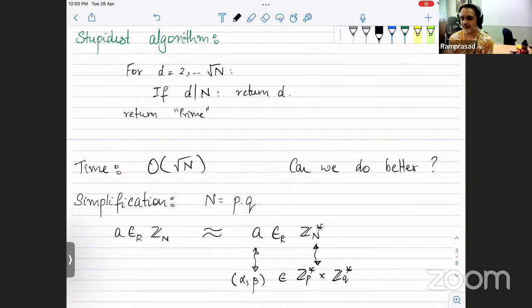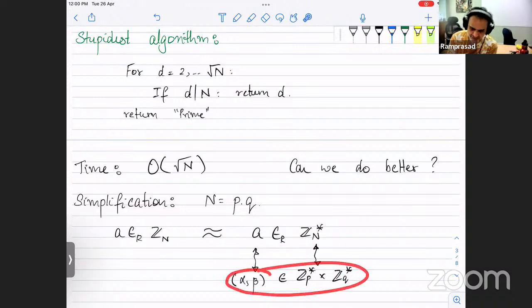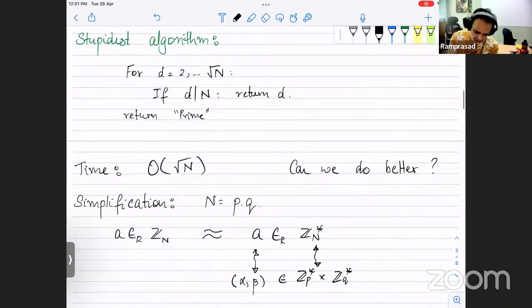For someone who doesn't know what p and q are, I don't know what alpha and beta are. It's just that there is some representation. And choosing this A at random from here is equivalent to choosing alpha comma beta at random from here. These are just different perspectives. It's just that one of them I have more control over, while the other is a representation that I don't really end up knowing.